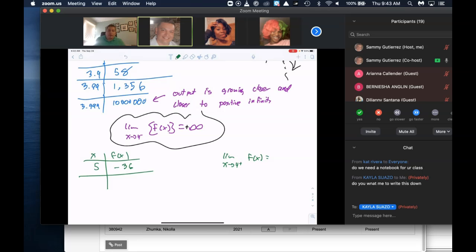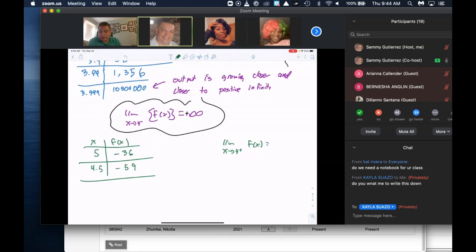I want to get closer to 4. 4.5, okay. I get negative 59. Next number. 4.01. Perfect. 4.01.